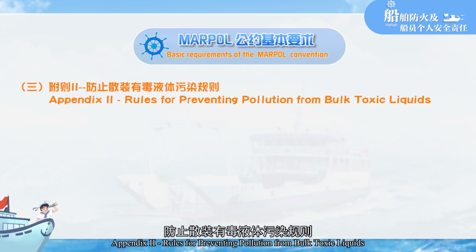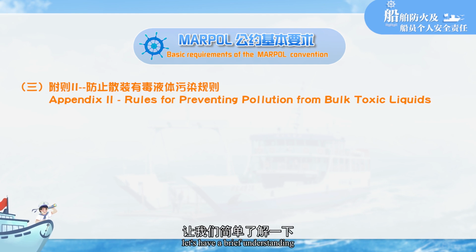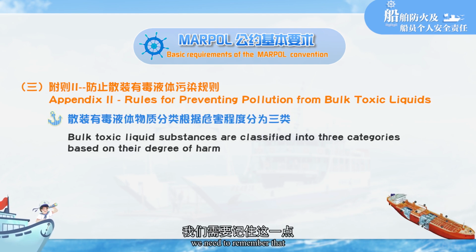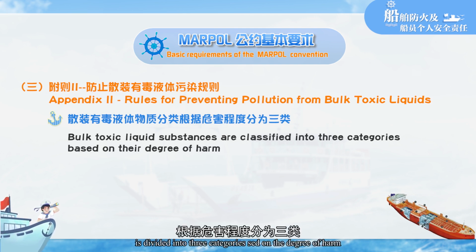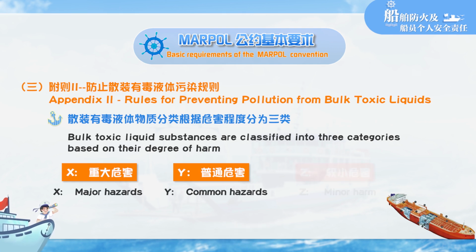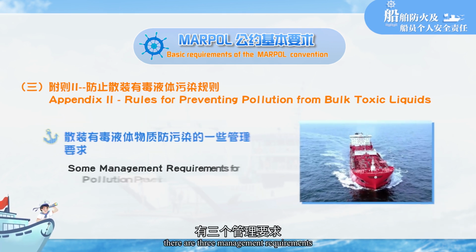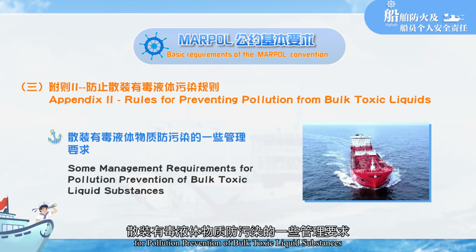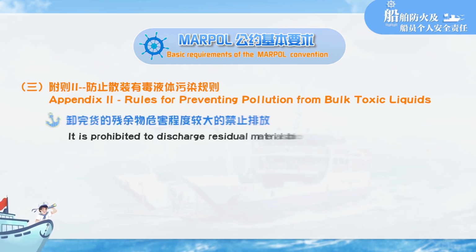For Annex 2 rules for preventing pollution from bulk toxic liquids, let's have a brief understanding. We need to remember that the classification of bulk toxic liquid substances is divided into 3 categories based on the degree of harm: X greater harm, Y ordinary harm, Z smaller harm. There are 3 management requirements for preventing pollution from bulk toxic liquid substances. 1.